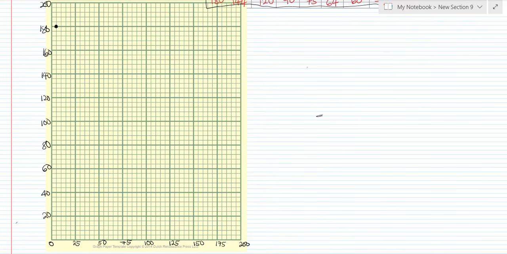So this is 144. Then we have 15, the third line, and it's against 120. Then we come to 25 against 90.